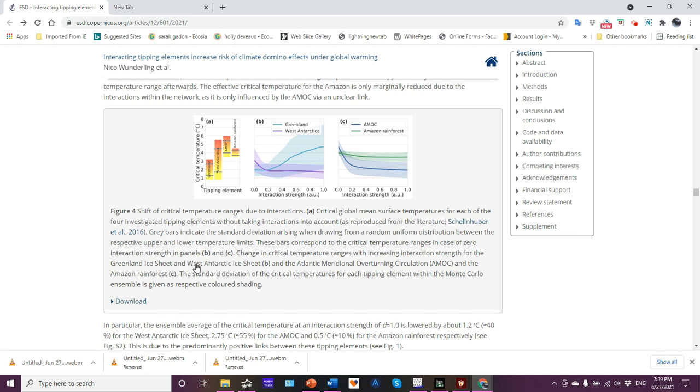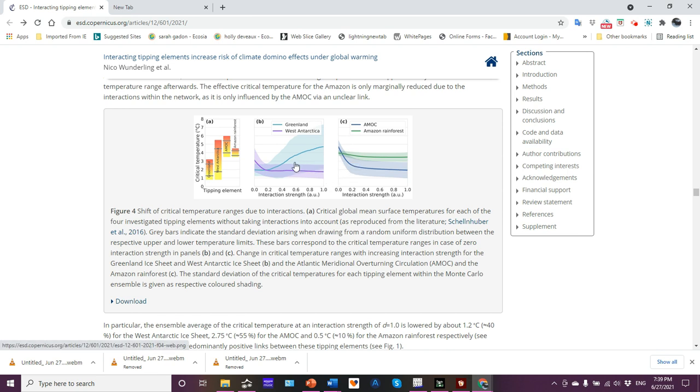For the Greenland ice sheet and West Antarctica ice sheet in B, West Antarctica is in purple, Greenland's in blue. And then the Atlantic AMOC and the rainforest in C.